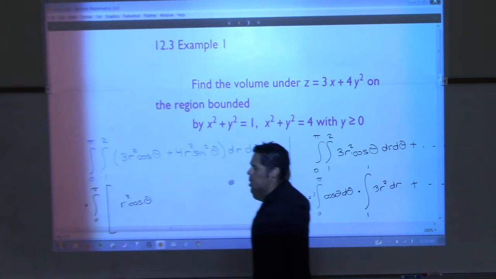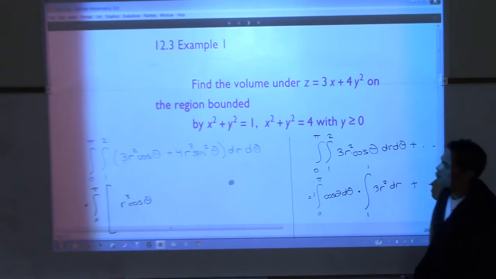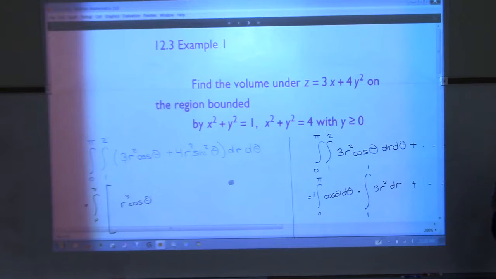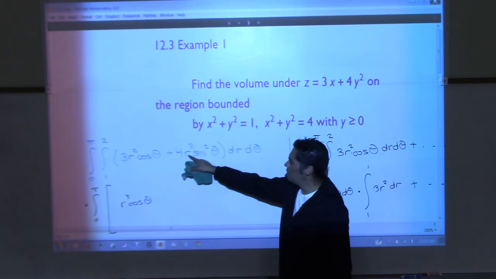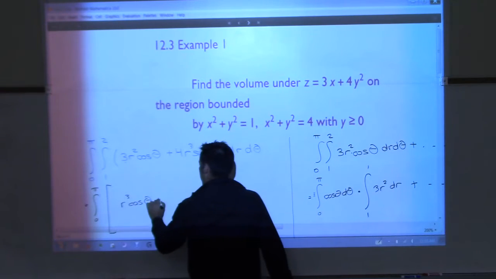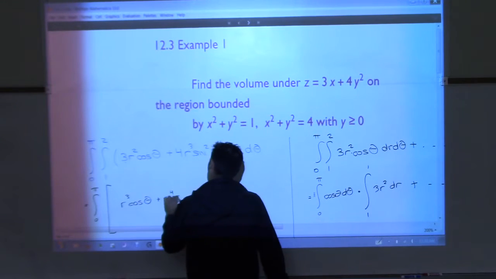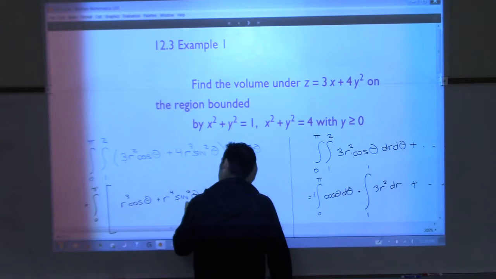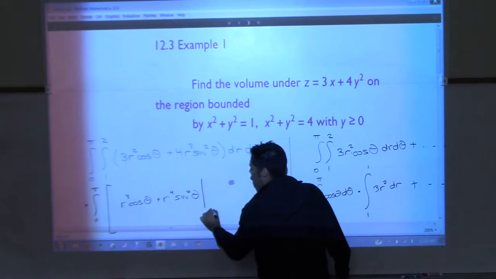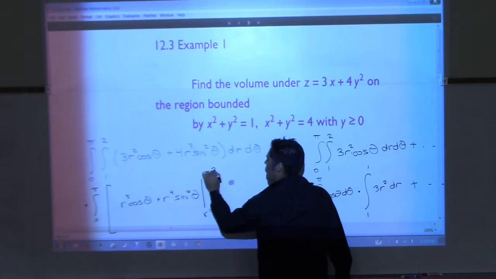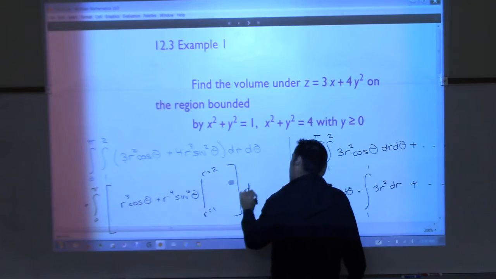Agree? And then the next one: ignore the 4, ignore the sine squared theta. The 4 is going to cancel, you get 1/4 r to the 4th, so you just get r to the 4th sine squared theta. And then you have to evaluate this from r equals 1 to r equals 2. And then we'll do d theta afterward.